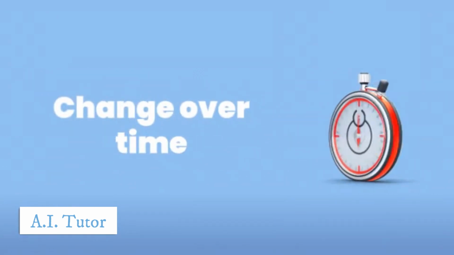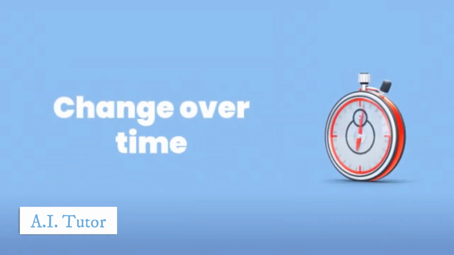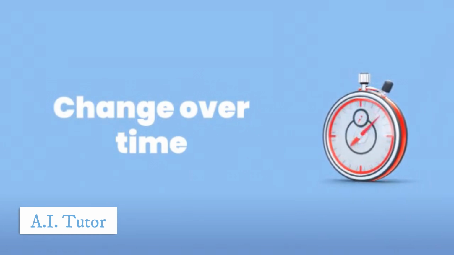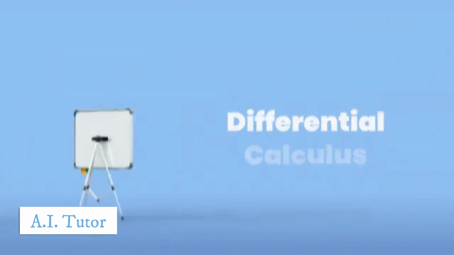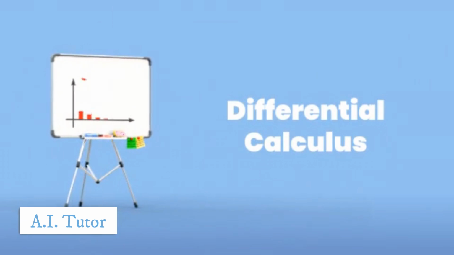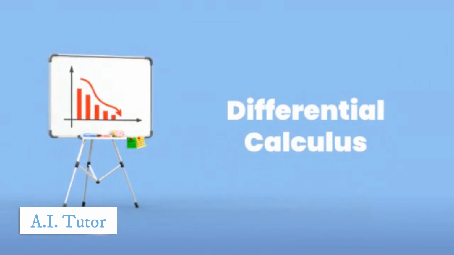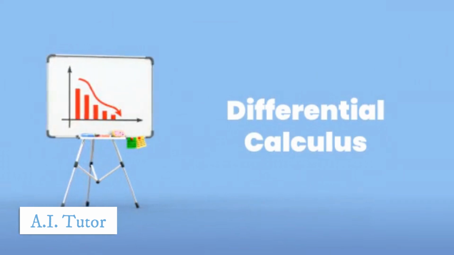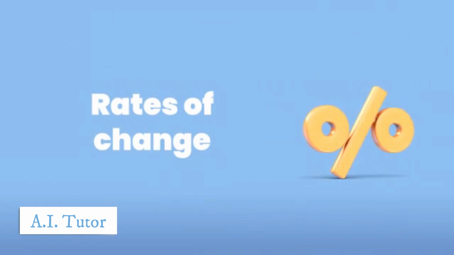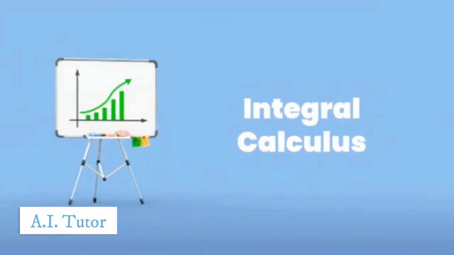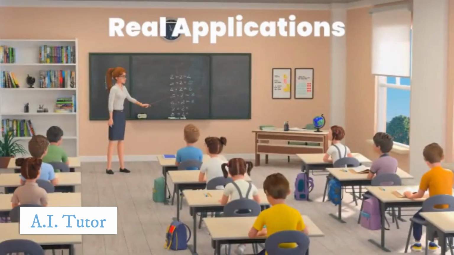It's all about understanding how things grow, shrink, speed up, slow down, and everything in between. Think of it like a toolkit for analyzing motion and change. Calculus has two main areas: differential calculus, which is all about rates of change, and integral calculus, which focuses on accumulation, basically adding things up over time.